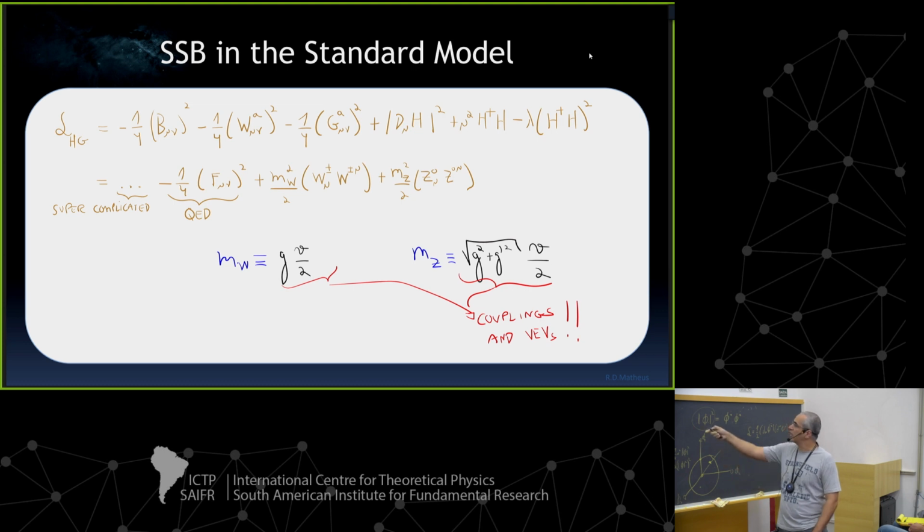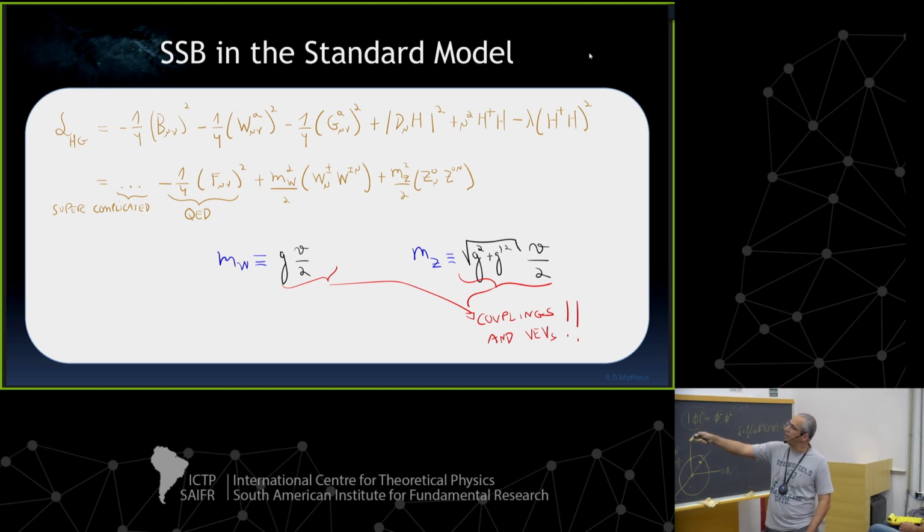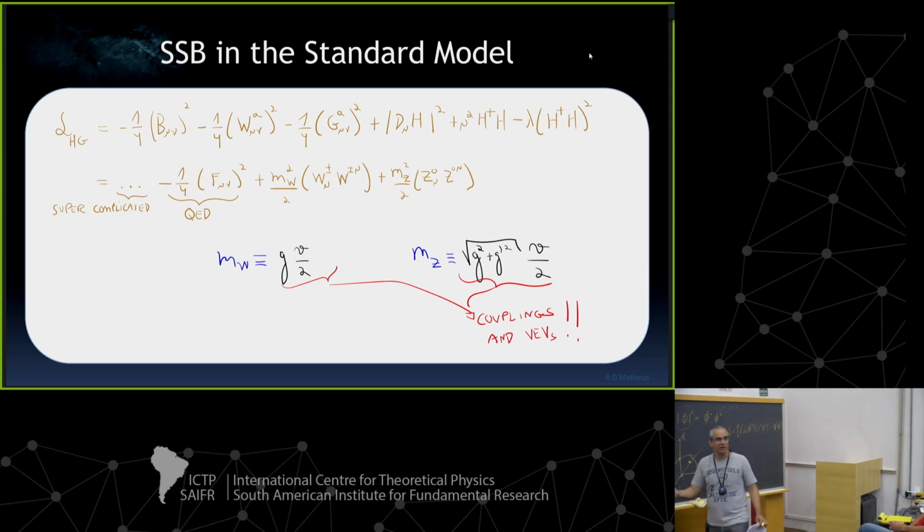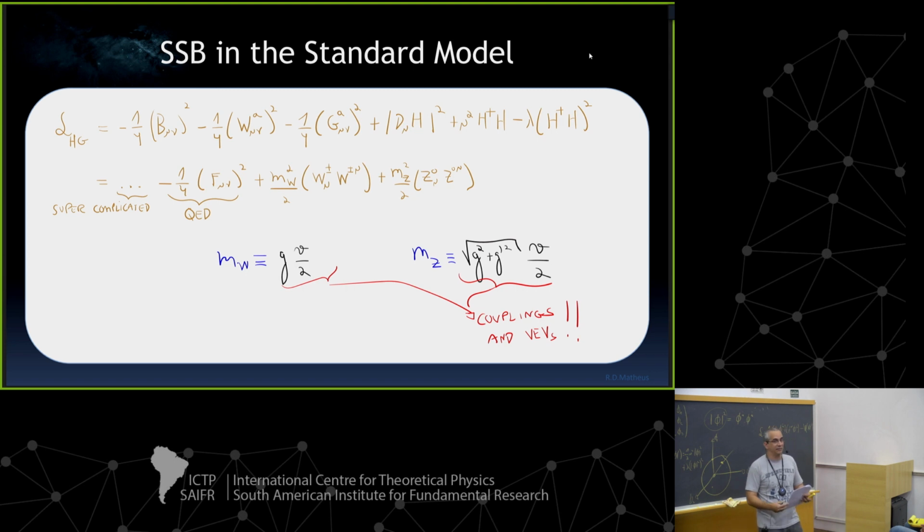Their masses are proportional to the VEV and the coupling of the Higgs. So if you measure how the W couples to the Higgs, and you measure the mass of the W, these 2 things need to be consistent. They are not independent. Right? And that's why we say that the standard model is very successful, because all these predictions have been verified.